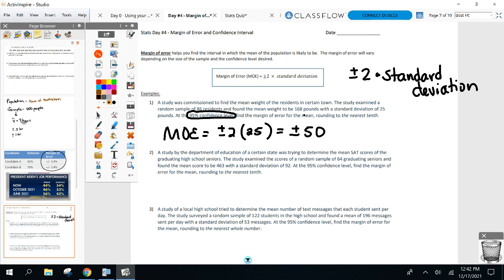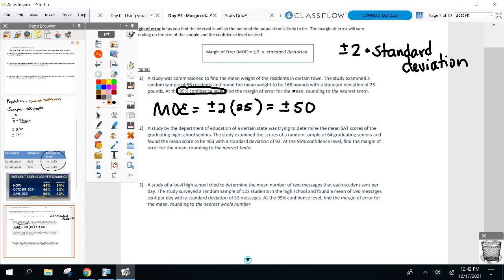All right, how about your SAT scores, number 2? They sampled 64 seniors. They found a mean score of 463, standard deviation of 92. Find the margin of error for the mean. Pretty easy: plus or minus 2 times 92.